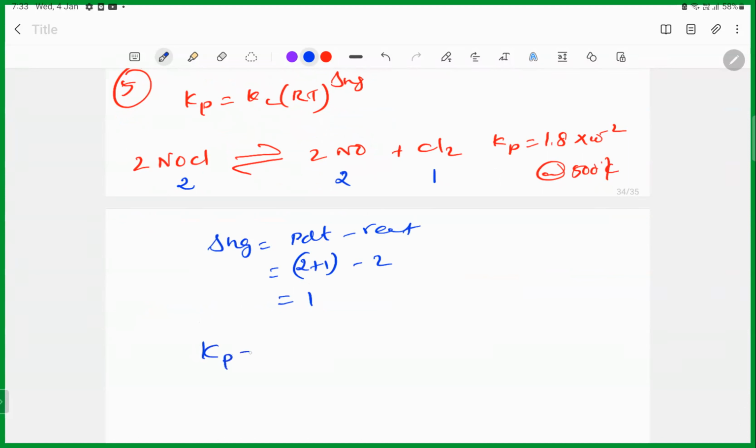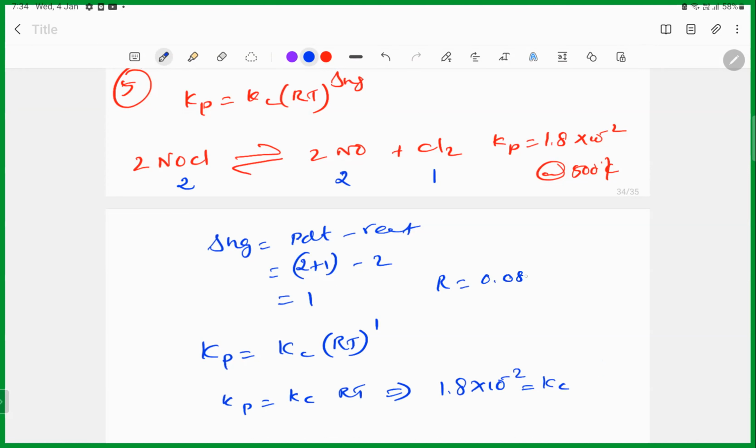Then Kp is equal to Kc into RT power 1, so Kp is equal to Kc into RT. So 1.8 in 10 power minus 2 becomes Kc into RT. What is the value of R? R is equal to 0.0831 bar liter mole power minus 1 per Kelvin, or 8.314 joules also you can put.